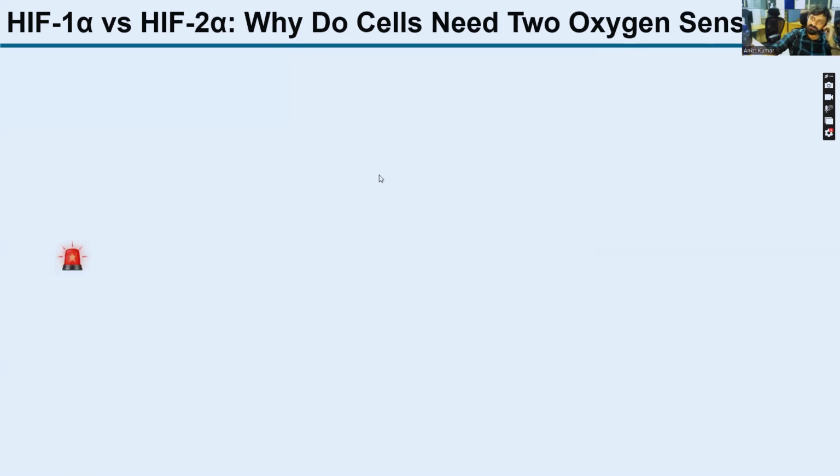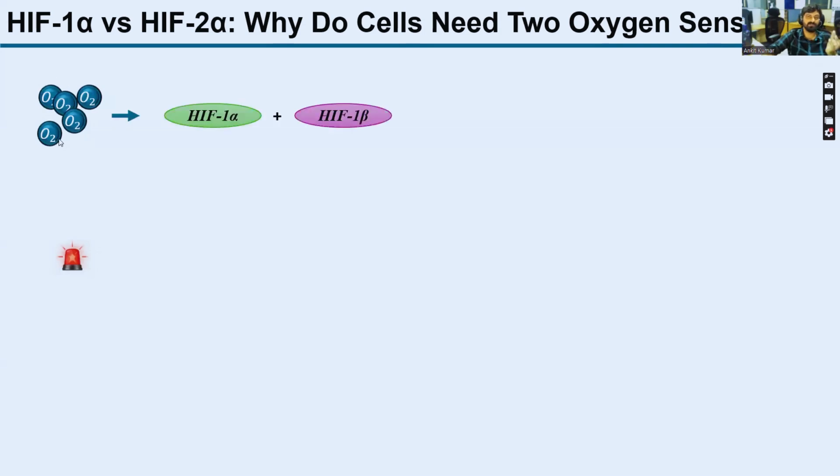Now coming to the next part, that is a very important part of this lecture: why cells need hypoxia inducible factors, that is HIF-1 alpha and HIF-2 alpha, not only HIF-1 alpha or only HIF-2 alpha explicitly. And that is what we are going to answer in this slide. So if a cell senses limited oxygen conditions, then what happens? The HIF-1 alpha molecules cannot get degraded by the proteasome. So now what will happen?